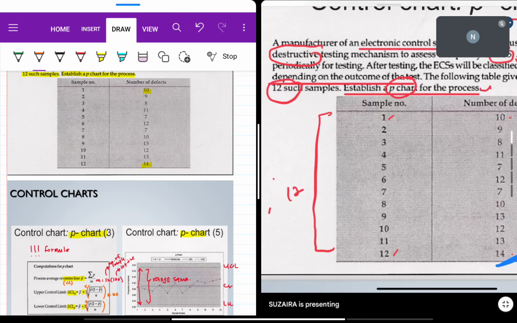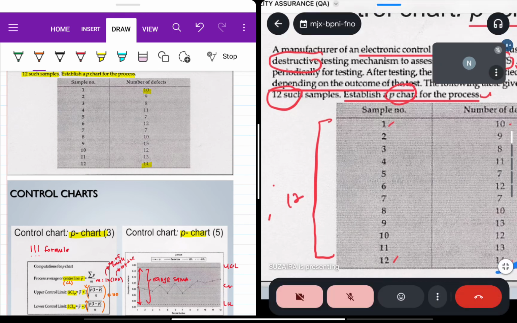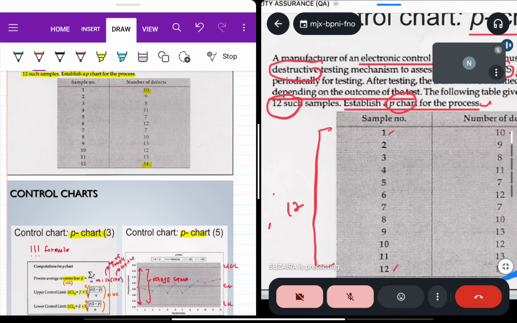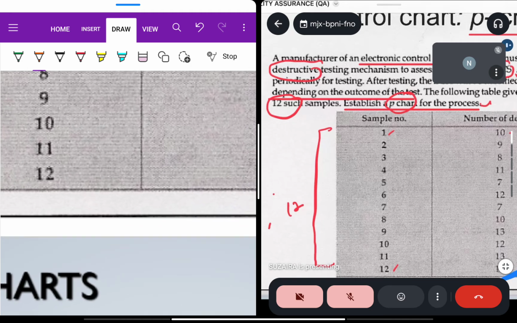What is the total number of defects? 126. Okay, 126.